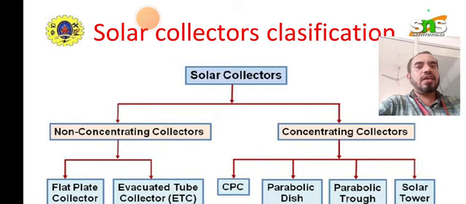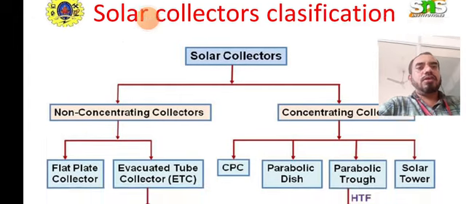So overall, the efficiency of the concentrating collector is much higher compared to the non-concentrating collectors. Keep in mind that the efficiency of concentrating collectors is always higher, because the concentrating collector traces the sun's radiation.